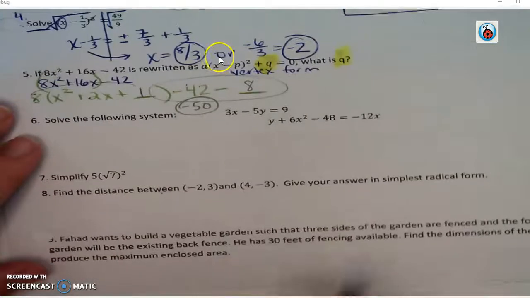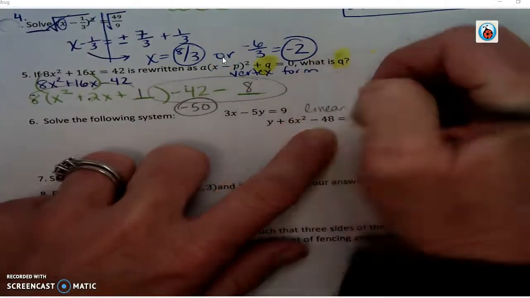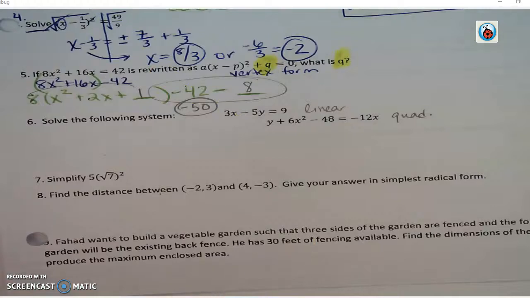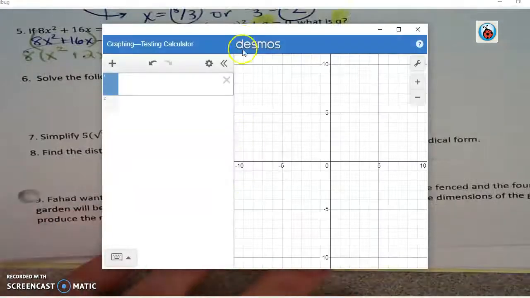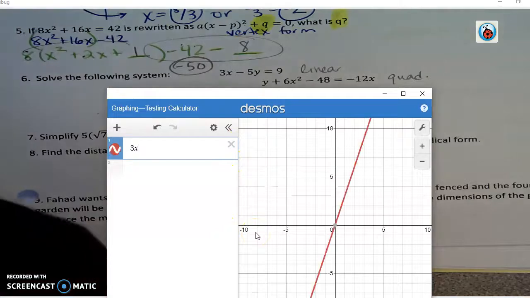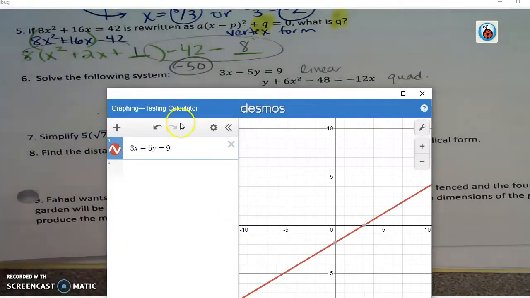Number 6, solve the following system. So this one is linear and this one is quadratic. So the way we do that is we just graph them in Desmos and find their intersections. So you have 3x minus 5y equals 9.